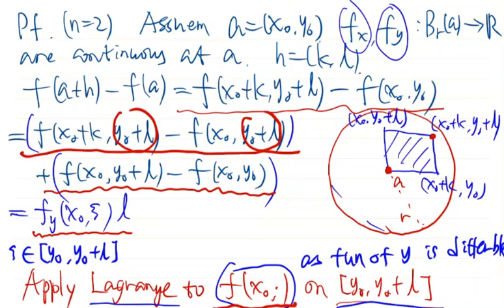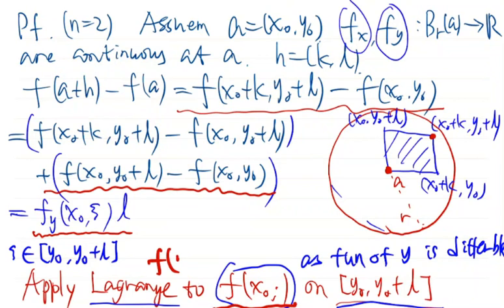So by a similar spirit, we can apply the Lagrange mean value theorem to that function, which is f with the first variable changing and the second variable y0 plus l, on the interval x0 to x0 plus k.